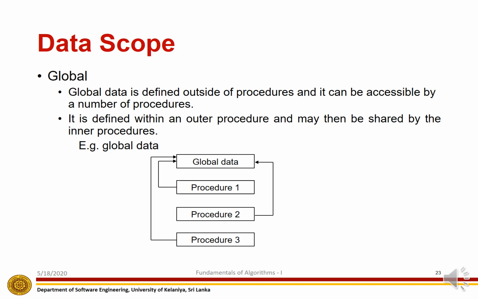It can be accessible by any of them. For example, you can see we define data outside of procedure 1, procedure 2 and procedure 3. So those data can be used by any of the procedures. Those are called global data. That global data can be data names, variables, constants, file names, or any data.